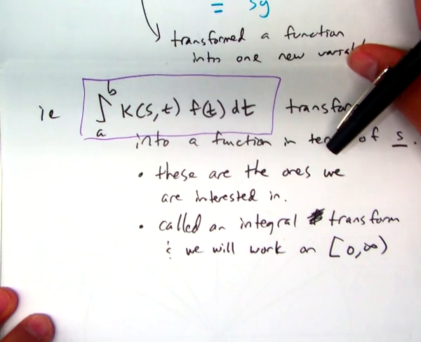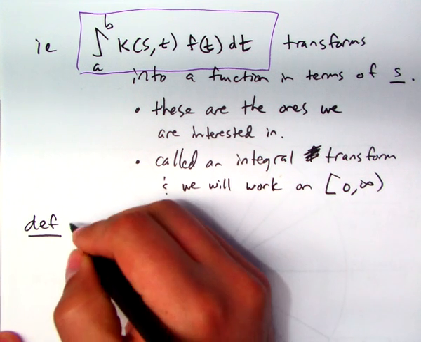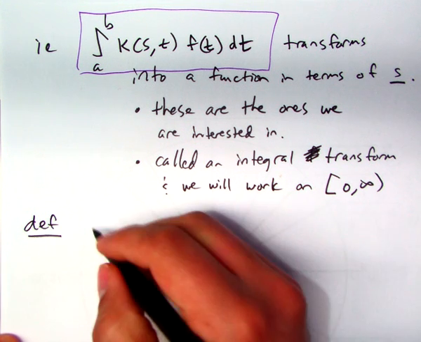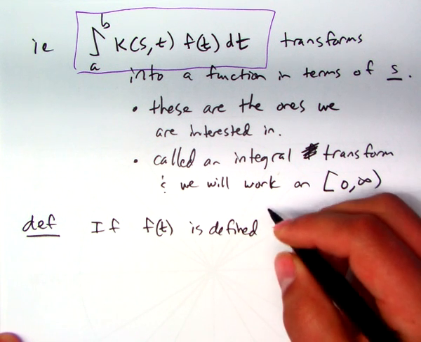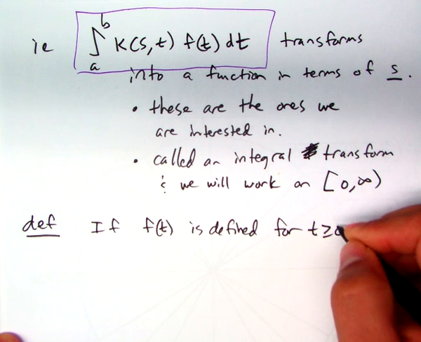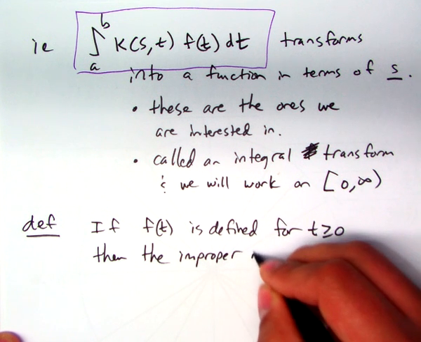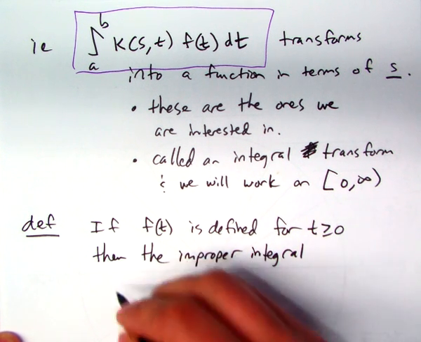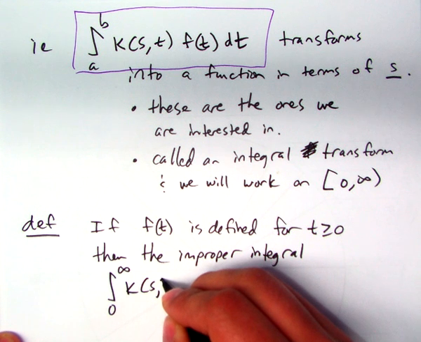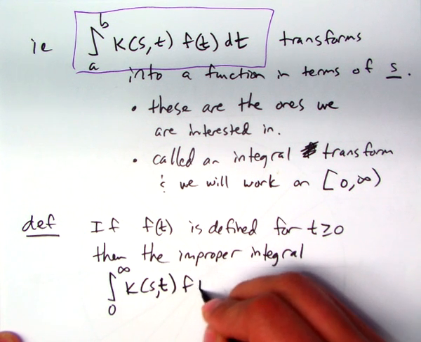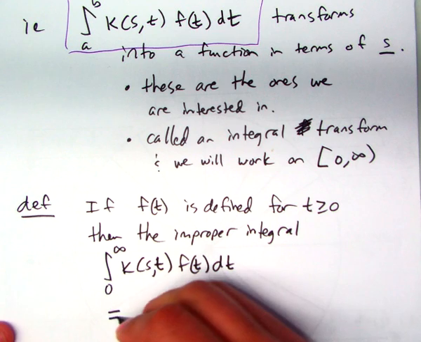So now, here's a definition. If f of t is defined for t greater than or equal to 0, then the improper integral from 0 to infinity of this integrand that we mentioned earlier, k of st f of t dt, you evaluated a few of these in Calc 1.